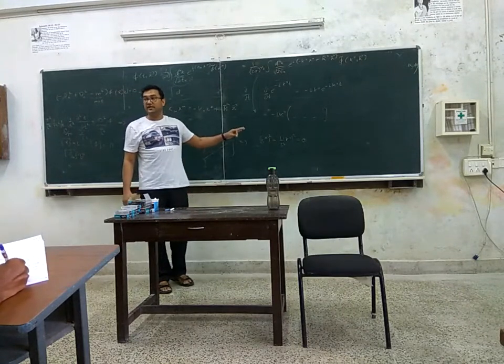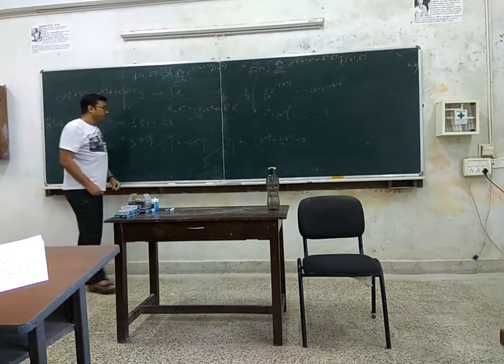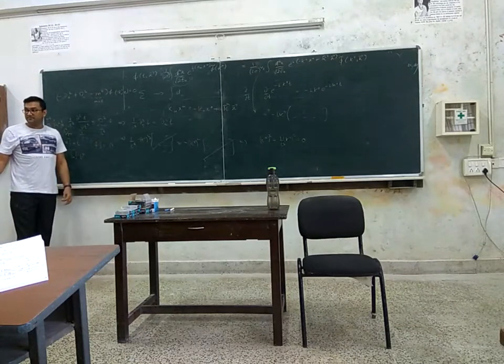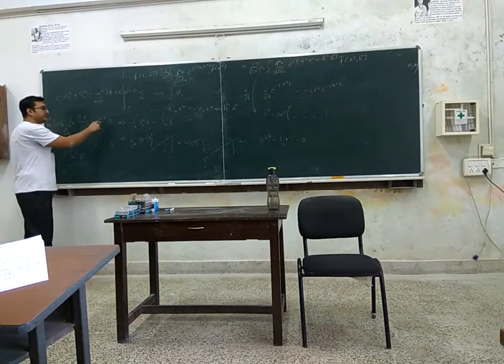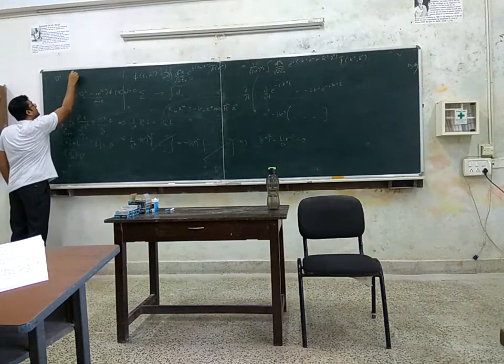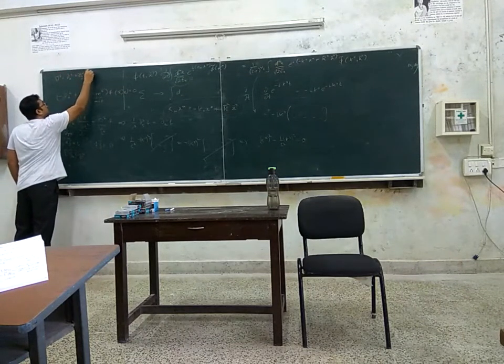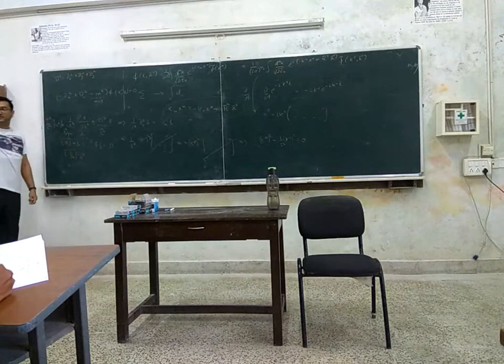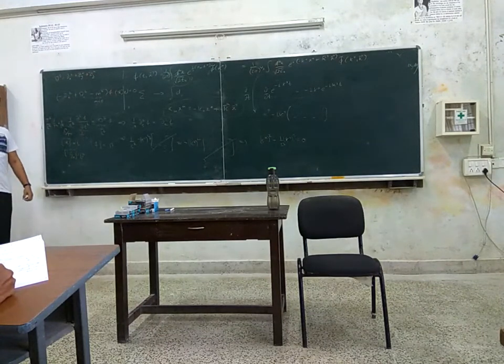So this is for one dimension. The case for 3 dimensions is simple. Why? Because del squared can be written as del x squared plus del y squared plus del z squared, as long as we are working in Cartesian coordinates. If you go to polar coordinates, life becomes a little bit more complicated.